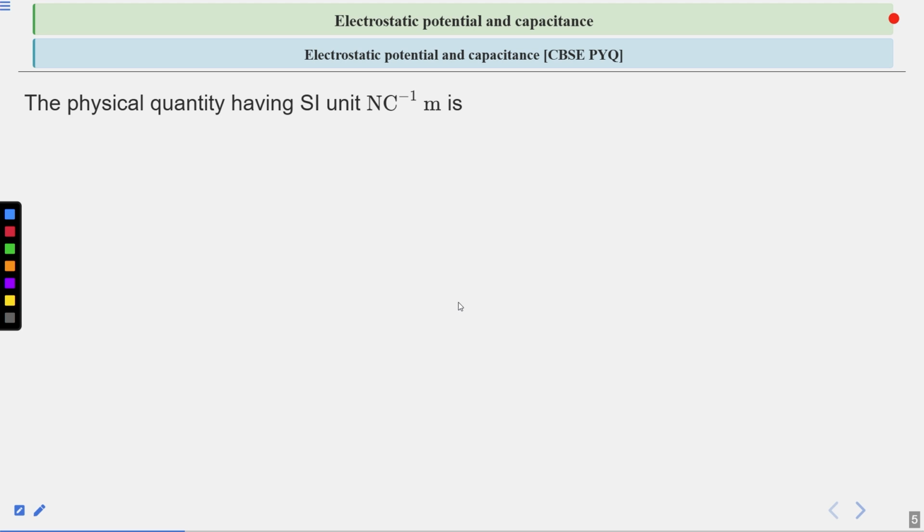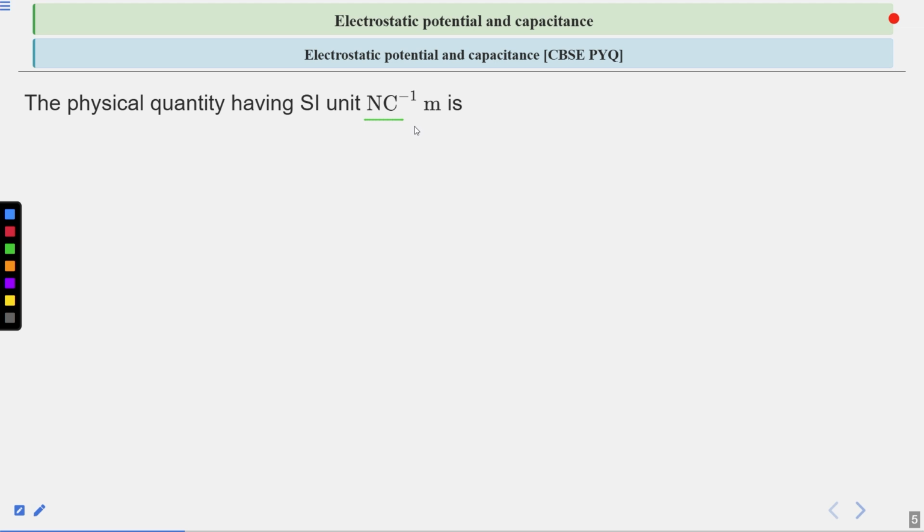So our next question: the physical quantity having SI unit Newton per coulomb meter is. We know that Newton per coulomb is the unit of electric field. But here they have given Newton per coulomb meter. So we have to see which physical quantity this SI unit belongs to.